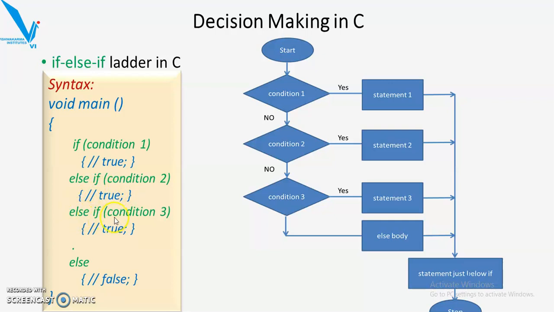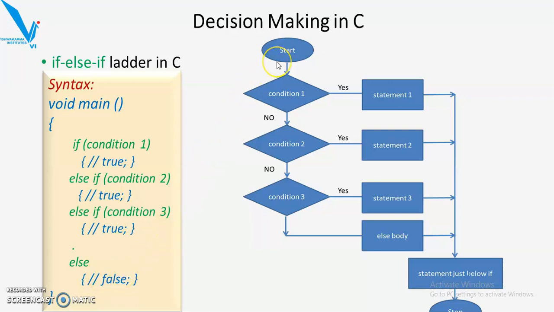Again we are asking for another condition by using else if. If this condition is true, then run the body inside this. If all the conditions fail, the default else statement is going to be executed. So this is the syntax of the if else if statement, which we call the if else if ladder.